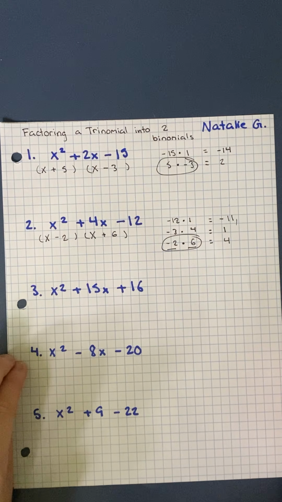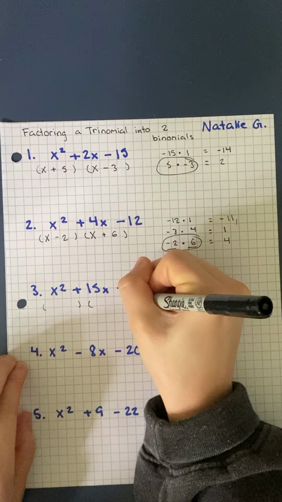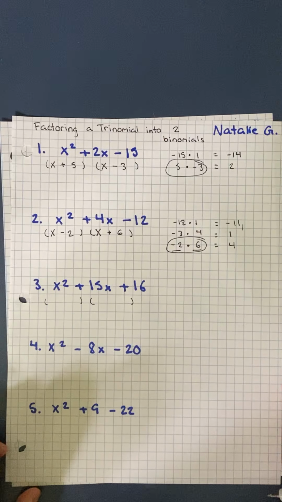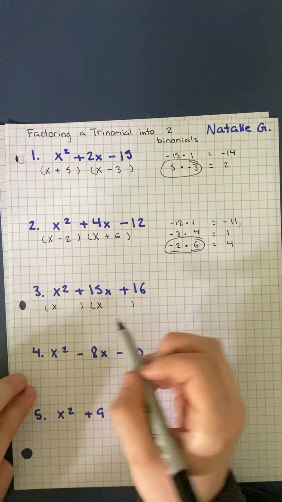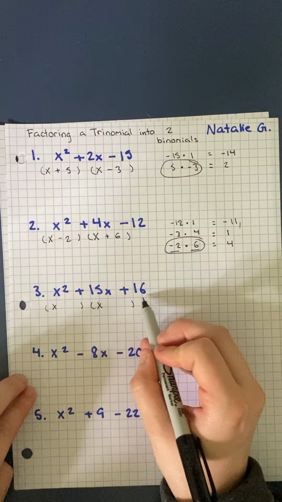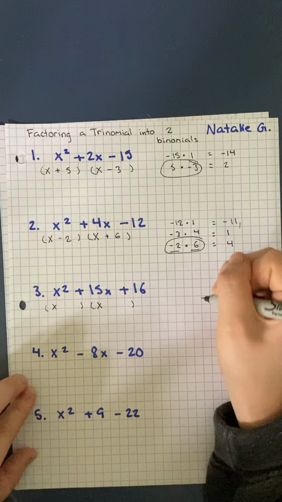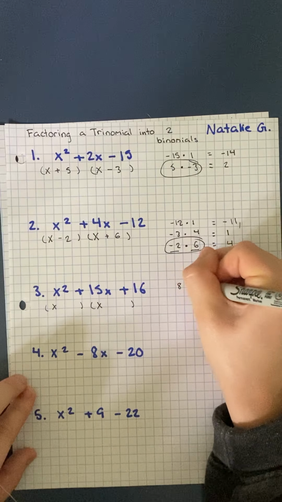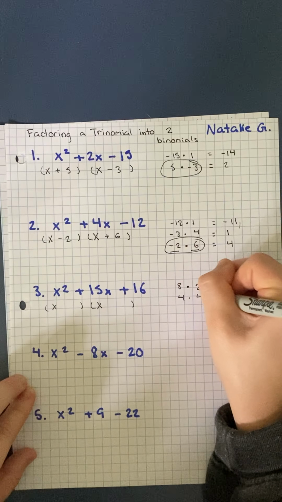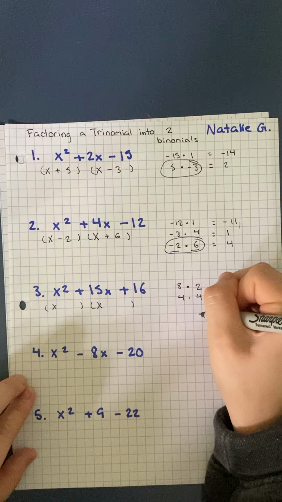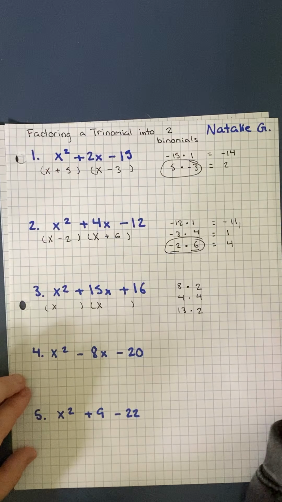And then for the third one, we're going to go back and put our parentheses and separate our x, skip the second term, and find all the possible outcomes for this third term, which could be 8 times 2, 4 times 4, or 13 times 2.